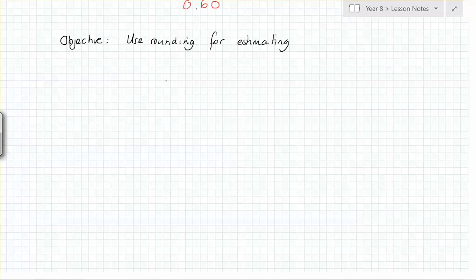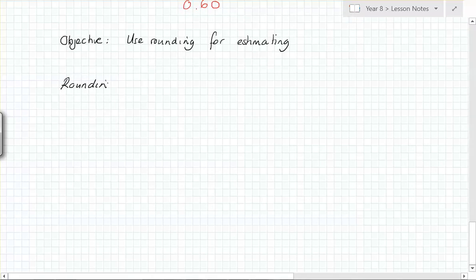Okay, so use rounding for estimation, or estimating. So now one very important thing we need to remember: rounding a number reduces the accuracy.